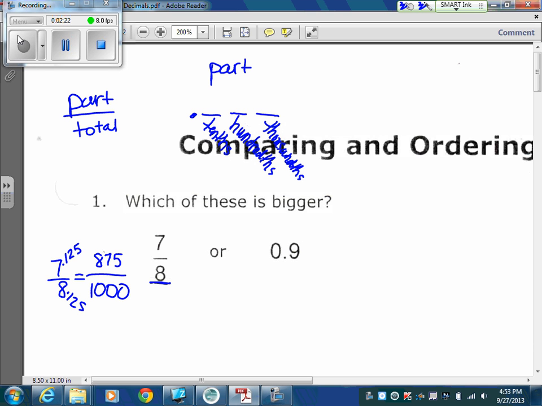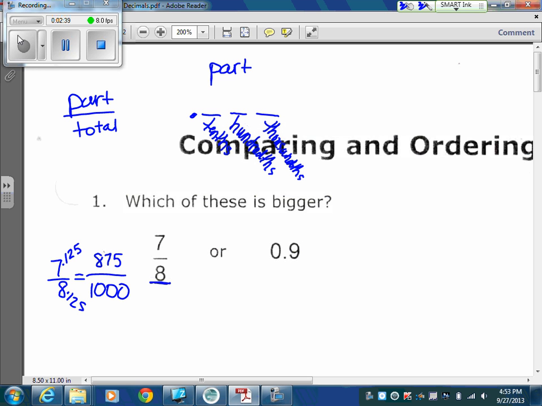So 7/8, I can find the equivalent in 875 thousandths. Well, now I have a denominator that sounds like one of our place values in our decimals, thousandths.